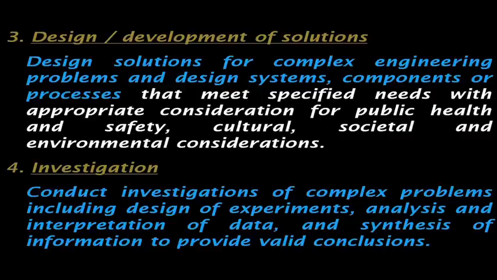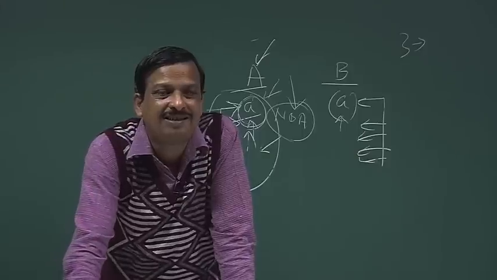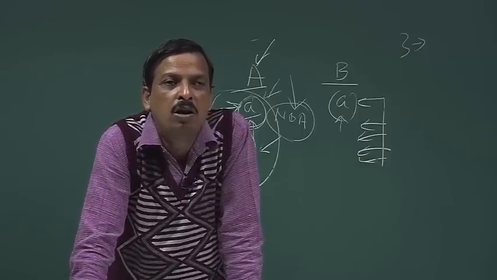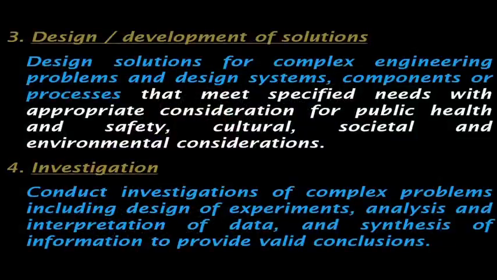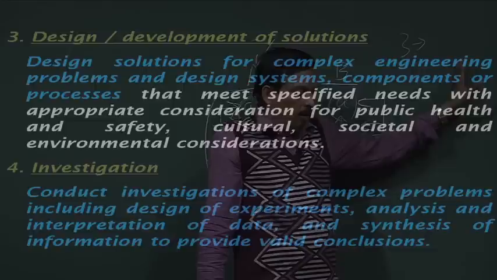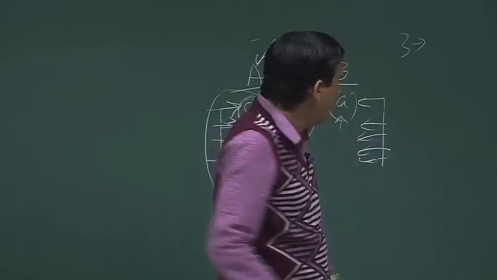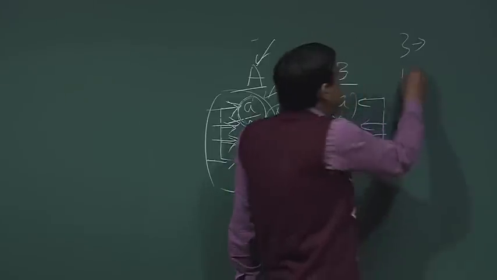They not only know how to design this, but also have to know how public health, cultural and societal aspects can be incorporated during the design of a complex engineering problem. Next one is the fourth parameter, investigation.